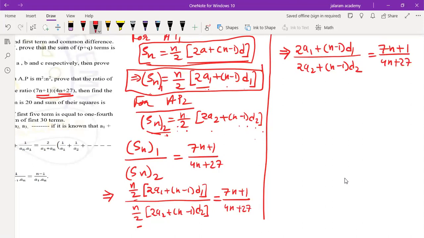So this is the result which is given in the question. After finding the result, we further read the next line.